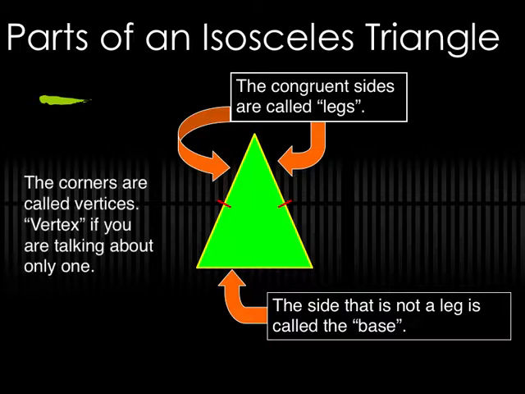These are also vertices, but these are usually called base angles, the angles attached to the base. You could call this a leg angle if you want, but that's a little strange. And we know the plural of vertex is vertices.